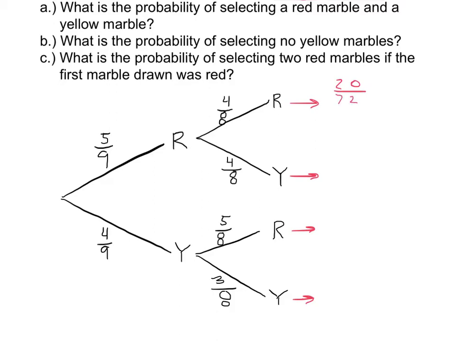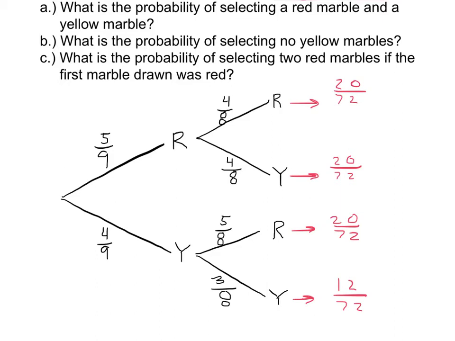By the way, I usually don't reduce these numbers because it makes it easier for us to add things up later and work through those, so I'm not going to simplify them. This one down below, I end up with, wow, another 20 out of 72. And then down on the very bottom path, we end up with 12 out of 72. Similar to Venn diagrams, once you have the thing drawn, generally speaking, these are very easy to compute.